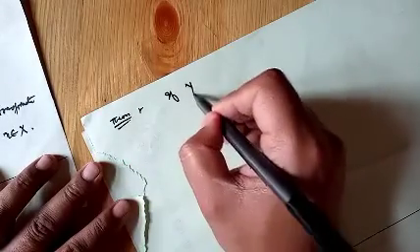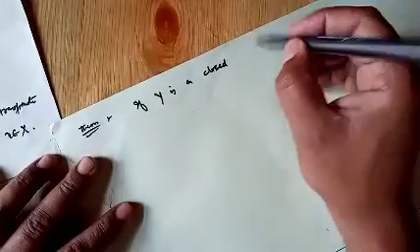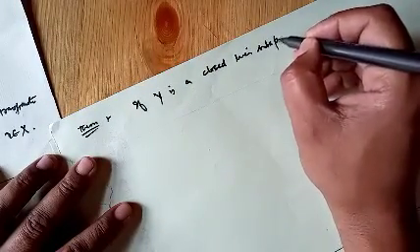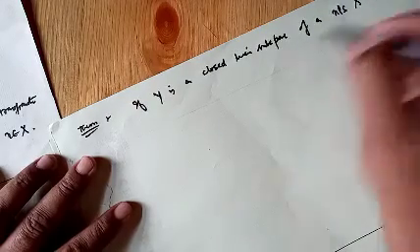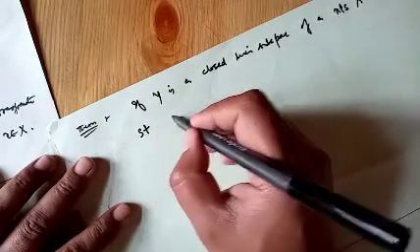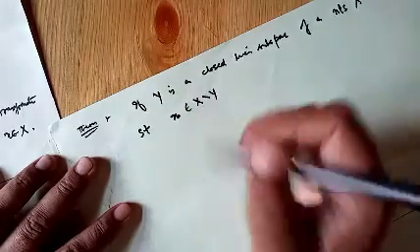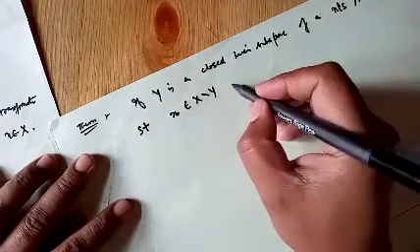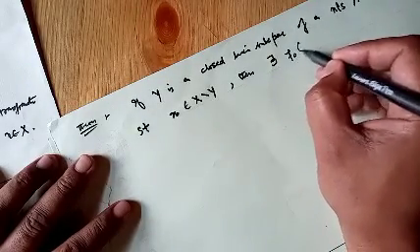If y is a closed, now closed is important, closed linear subspace of a normed linear space X, such that, now remember this, x naught belongs to x but outside y, then there exists f naught belonging to x star.